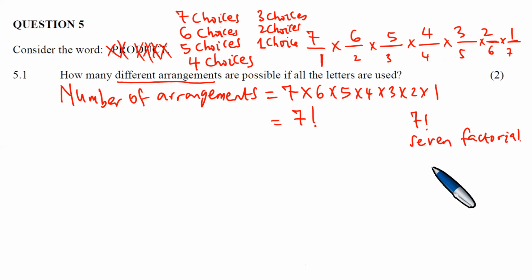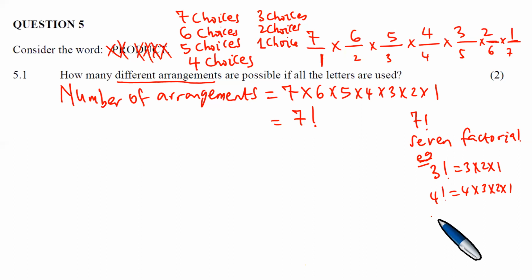Here are some examples. 3 factorial is 3 times 2 times 1. 4 factorial is 4 times 3 times 2 times 1. 5 factorial is 5 times 4 times 3 times 2 times 1. What is 3 factorial?